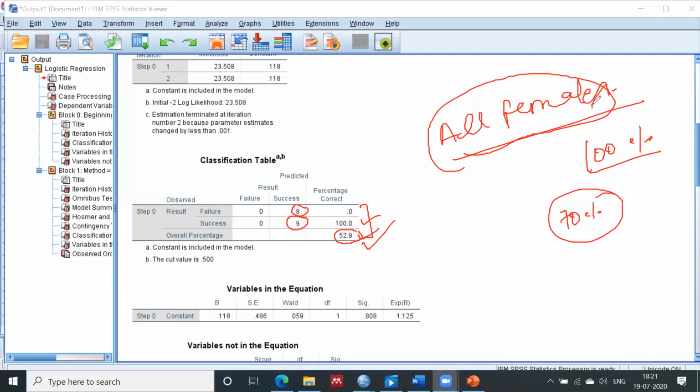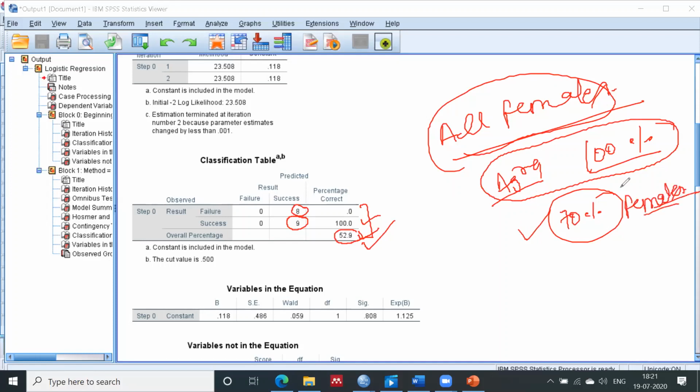Actually, I took the example of females. I quote the statement that there are only females in Agra. So what does it mean? I am saying that there are 100% females, but in actual terms, the theory says there are only 70% females. So my statement is true at my place, but to generalize the result, I am 30% wrong.